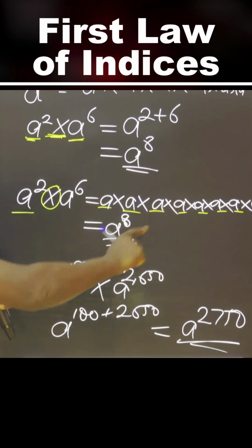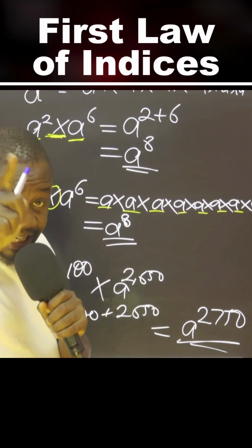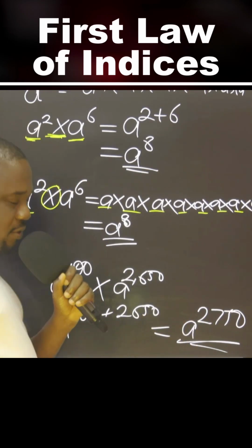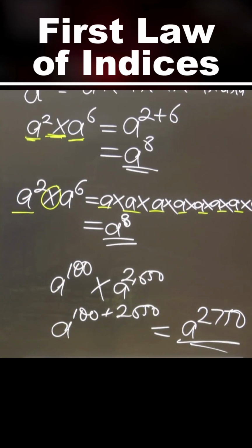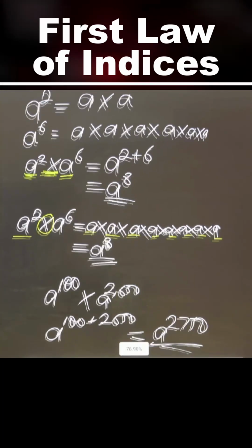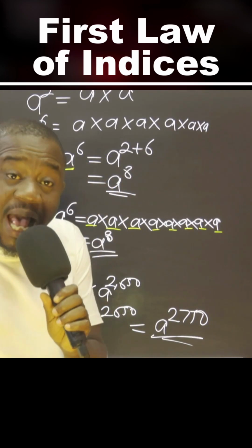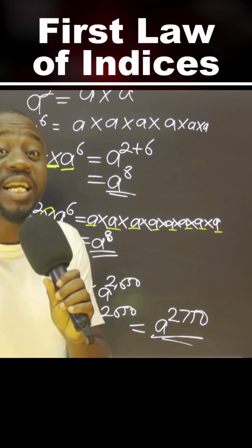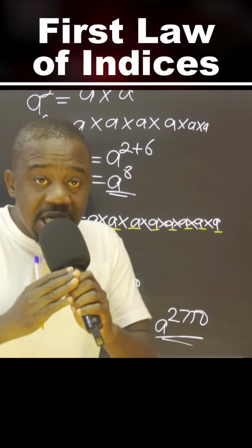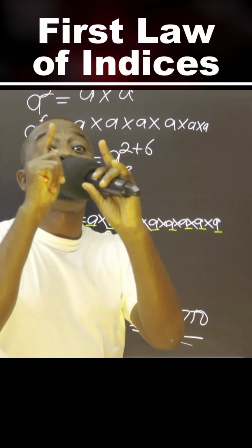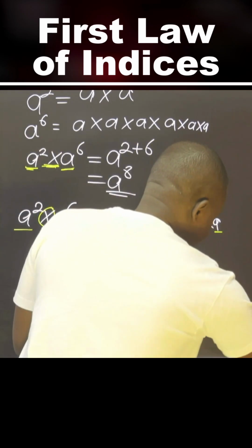You that want to follow this method, you will write this for the next 1 year and this for the next 10 years, while the guy that follows this method is working on other things. So it is good to follow this rule that says all you have to do, look at it very well. Are the bases the same? Yes. If they are the same, don't waste your time. As long as it's multiplication between them, simply add the powers together.